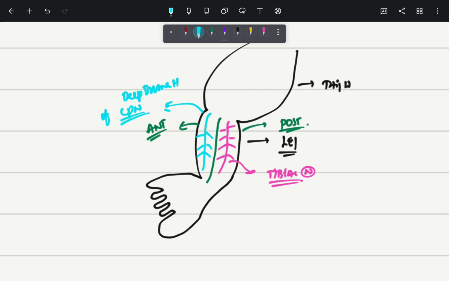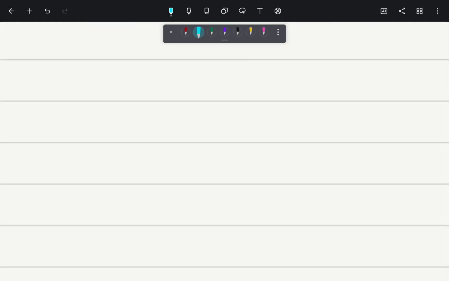So the deep branch of your common peroneal nerve is going to supply the muscles present in the anterior compartment.